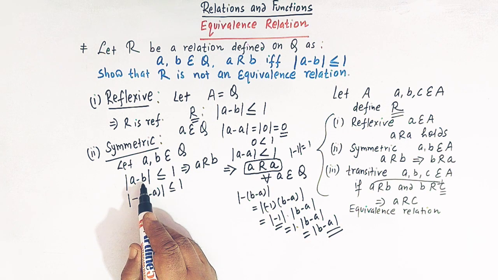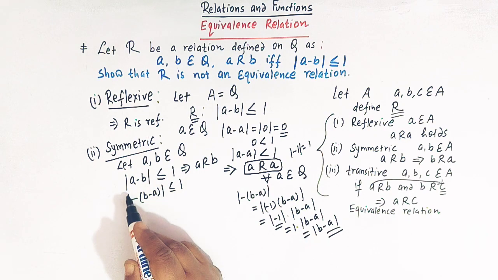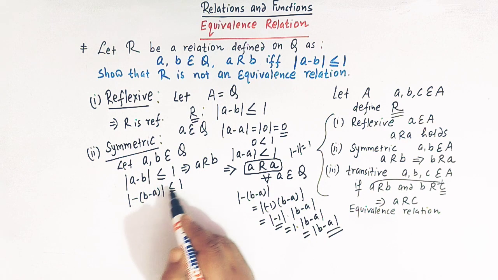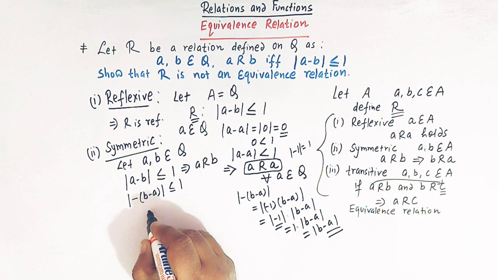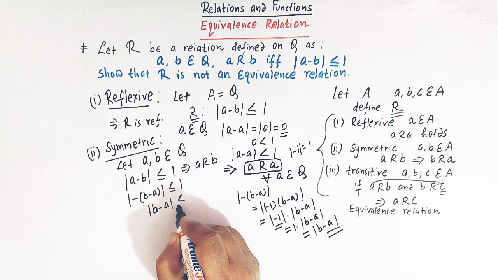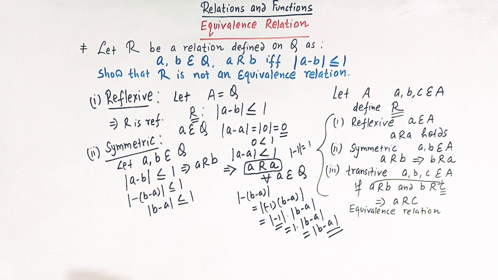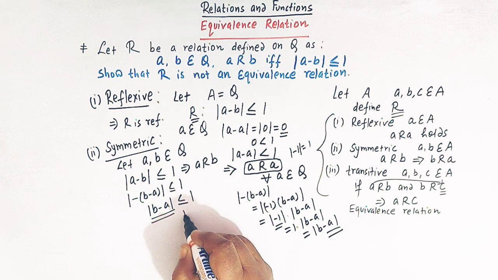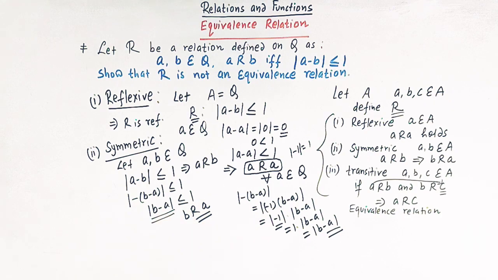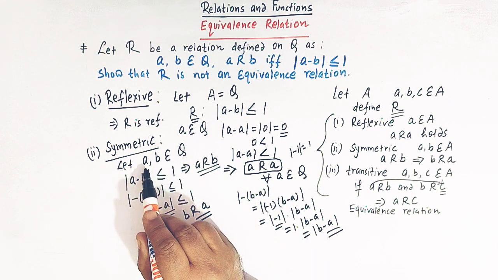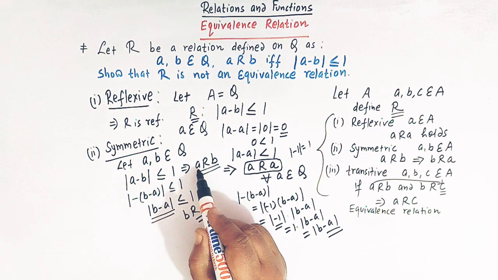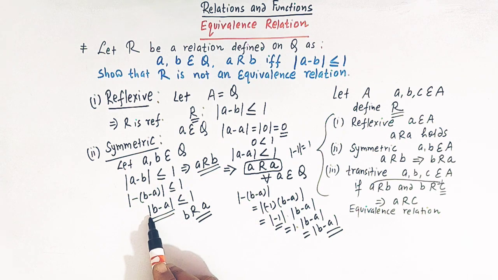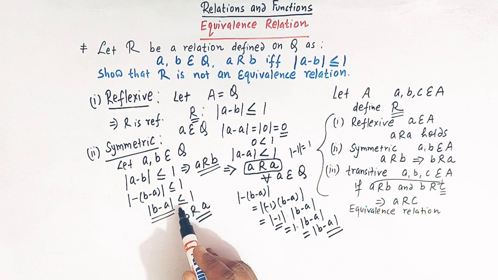So mod of A minus B less than or equal to 1 implies that mod of negative of B minus A is less than or equal to 1, and mod of negative of B minus A is equal to mod of B minus A, that is less than or equal to 1. So from this expression we can see that B is related to A. So we have obtained that when A and B belong to the set of rational numbers Q, then A is related to B, and we have also obtained mod of B minus A less than or equal to 1.